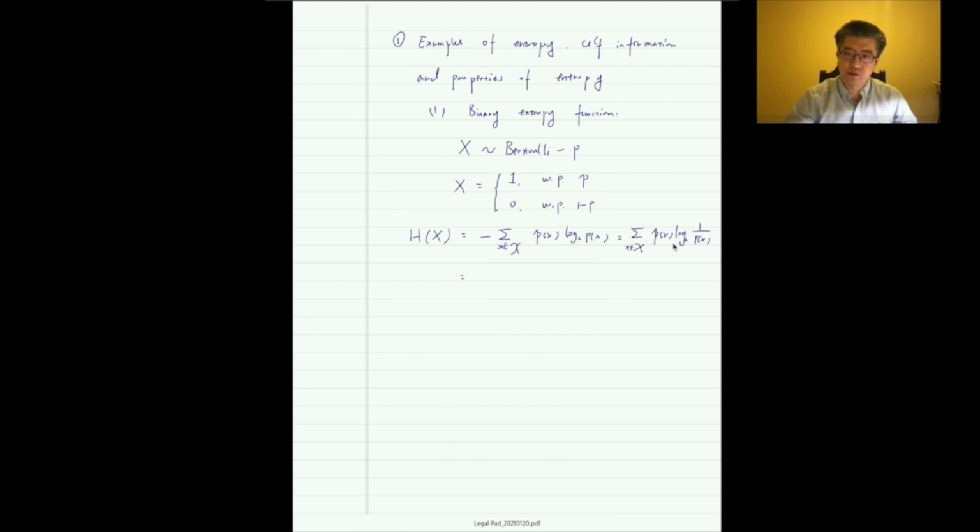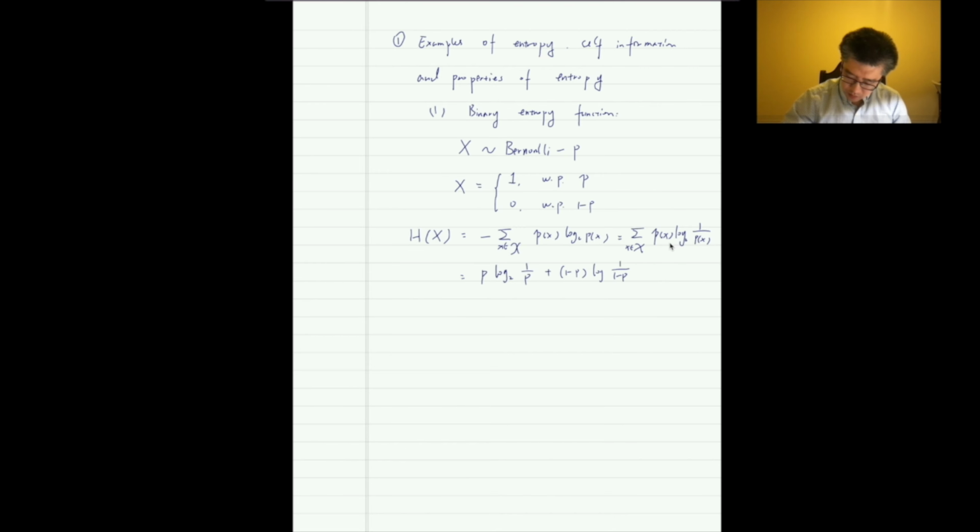So basically let's use this formula. When P(x) is p, it means that when small x is 1, we have log 2 of 1 over p, and then the second term is 1 minus p, then log 2 of 1 over 1 minus p.